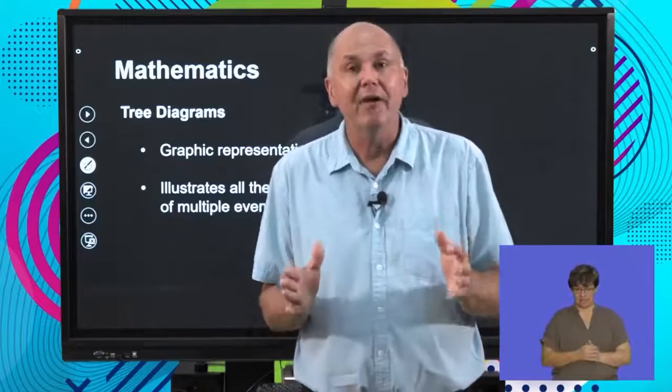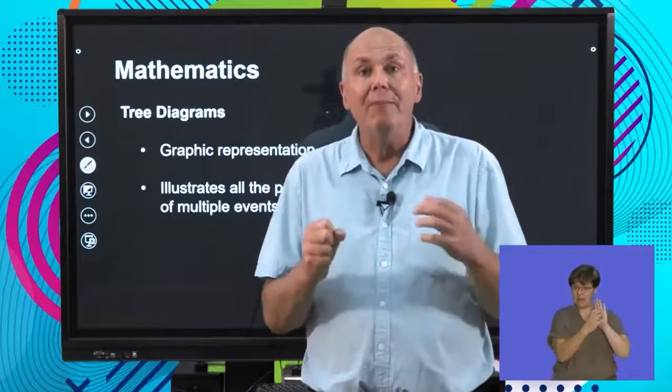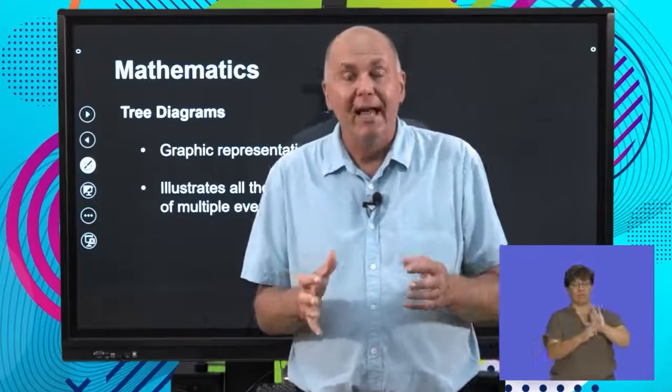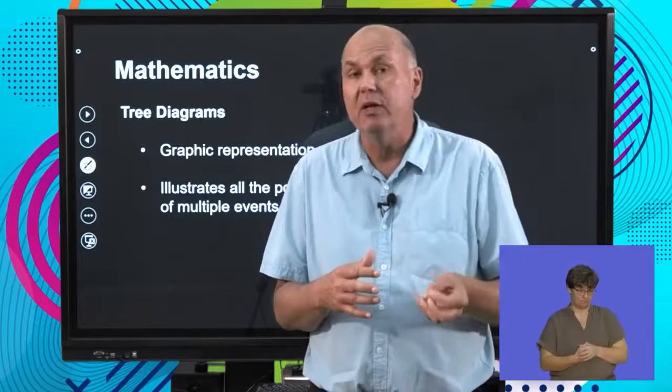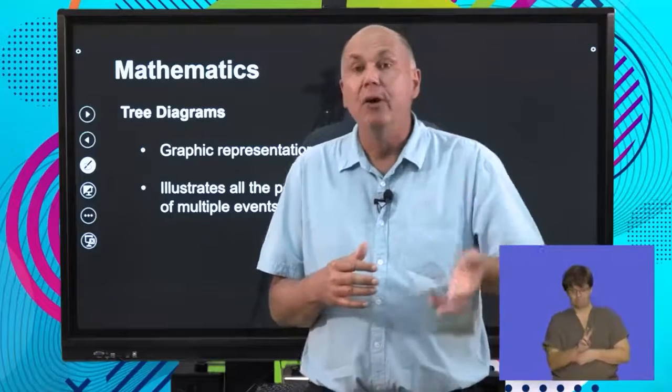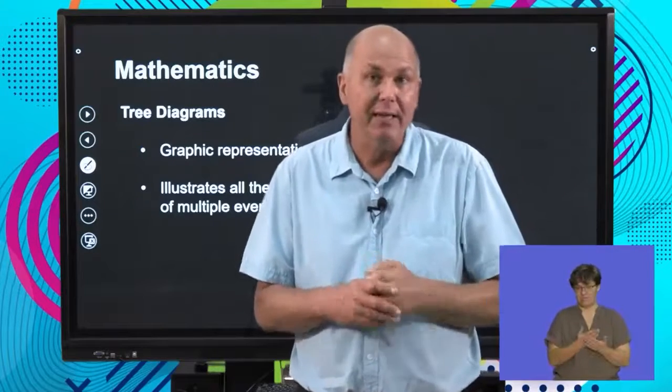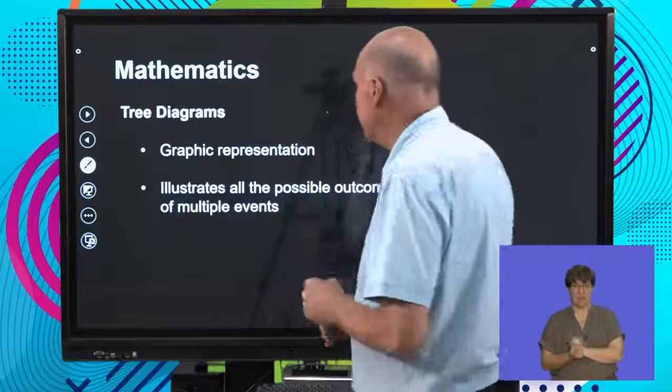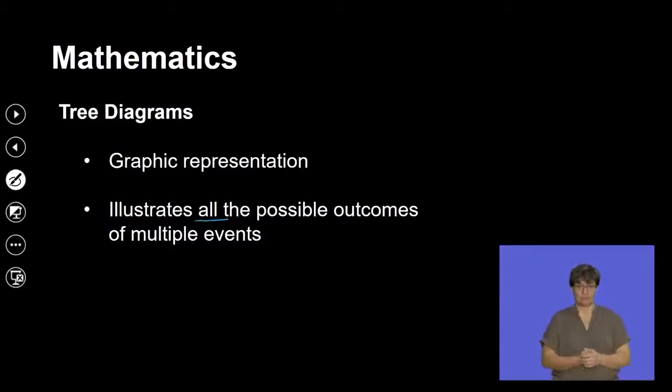And the tree diagram is very useful for representing all the outcomes. And then by looking at that, we can also see the probabilities of various things taking place, and we can do some calculations. So it illustrates all the possible outcomes of multiple events.